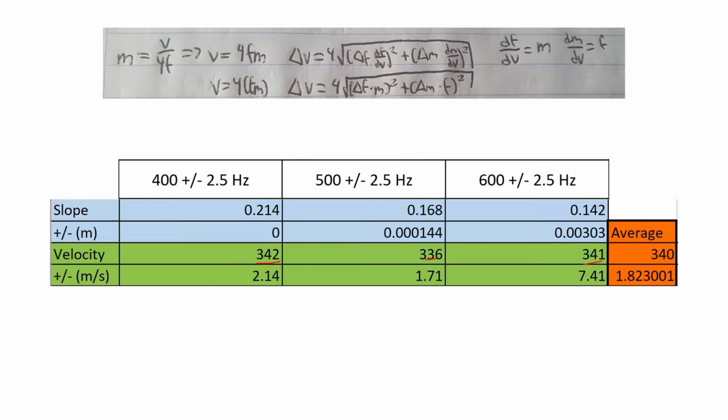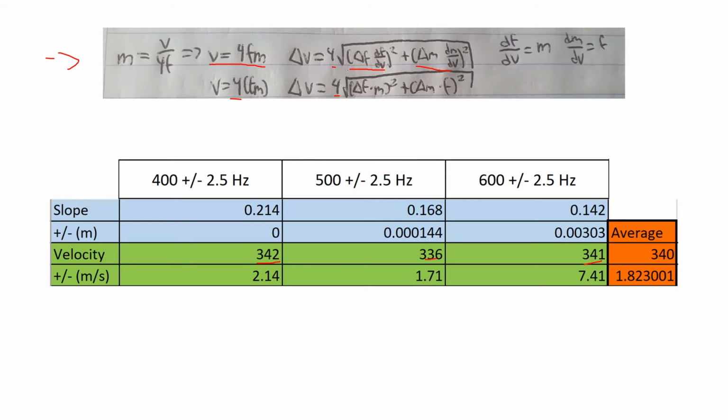The uncertainties for each one were calculated using this calculation right here. As you can see, velocity is equal to 4 times the frequency times the slope. We can factorize the 4 as it's a constant, and the rest will be calculated using the formula of taking the uncertainties times their derivative squared, both of them, summing them, and then taking the square root.